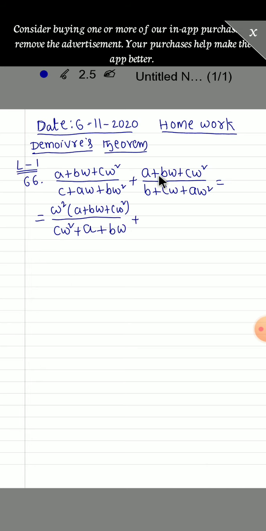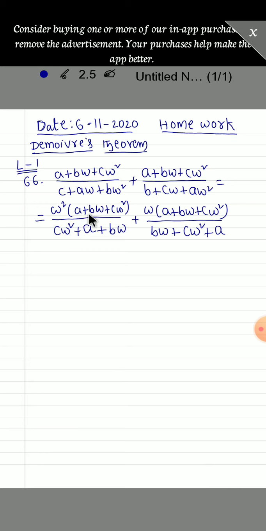Plus, multiply and divide with omega in this one: omega into (A plus B omega plus C omega square) divided by B into omega, B omega, C into omega into omega, C omega square, plus A into omega square into omega cube, A into omega cube, A.